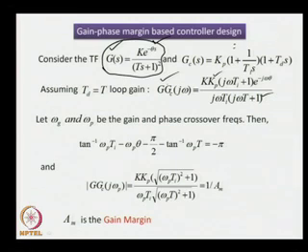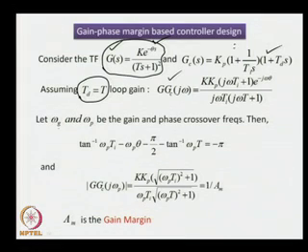Now, this loop gain is nothing but the open loop gain also. Sometimes we call this the open loop gain of the closed loop system. The series form of controller enables us to make this choice Td equal to T, thereby cancelling the zero of the controller with one pole of the process transfer function.